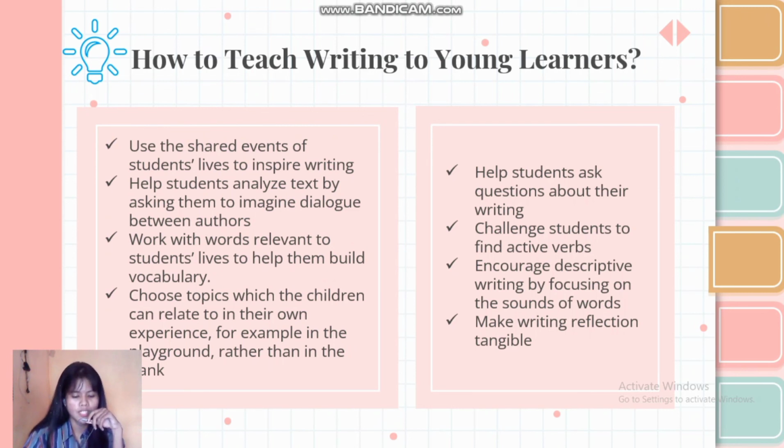Choose topics which the children can relate to in their own experience, for example, in the playground rather than in the bank, because usually young learners are in the playground. Then help students ask questions about their writing, challenge students to find active verbs, and encourage descriptive writing by focusing on the sounds of words.